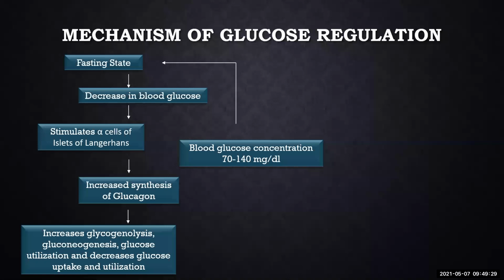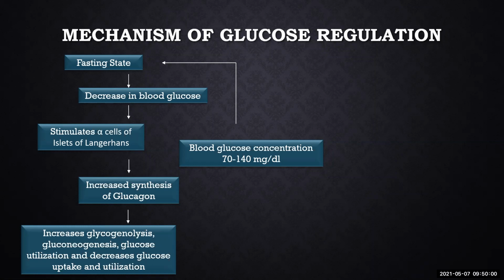So our central nervous system can only utilize glucose, so glucose has to be maintained between 70 to 140 milligram per dl. Whenever it decreases below 70, our body undergoes a state of fasting. This decrease in glucose below 70 milligram per dl acts as a stimulant for alpha cells of islets of Langerhans. So alpha cells increase the production of a hyperglycemic hormone called glucagon.